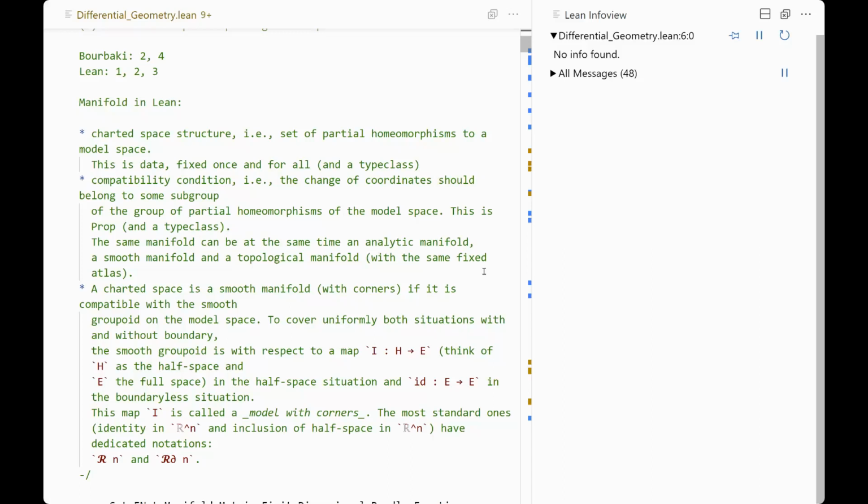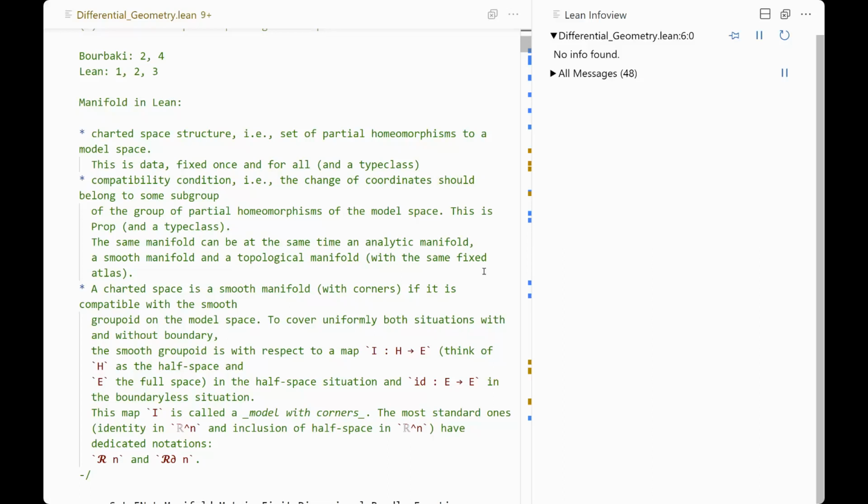And so all of these things are parametric on the manifold. So we can change the H, we can change what condition we require on the compositions of two charts, and those give all different notions of manifolds.